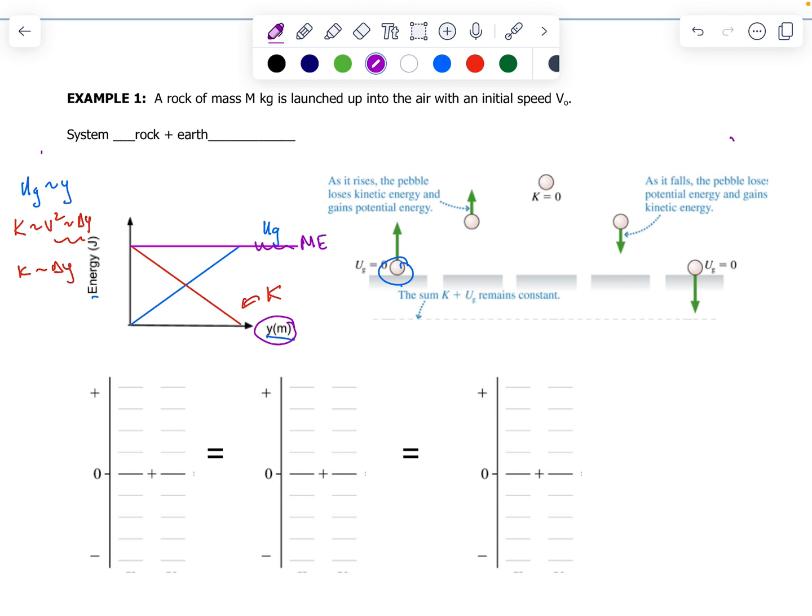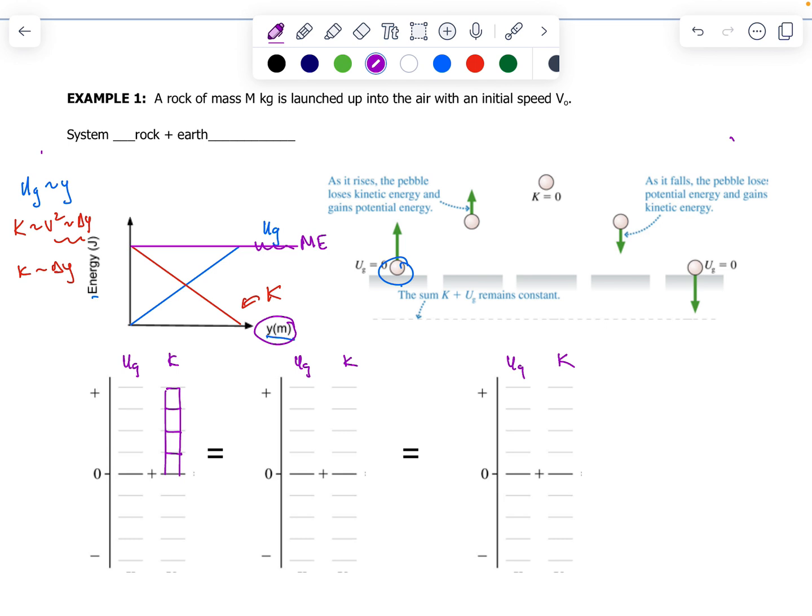All right, to model it, again, we're going to use our bar graphs, and we're going to use gravitational potential energy and kinetic energy. No air resistance, so we do not need to worry about any dissipated or internal energy happening here. I'm going to start with 4 full units of kinetic energy as the rock is launched straight up in the air.